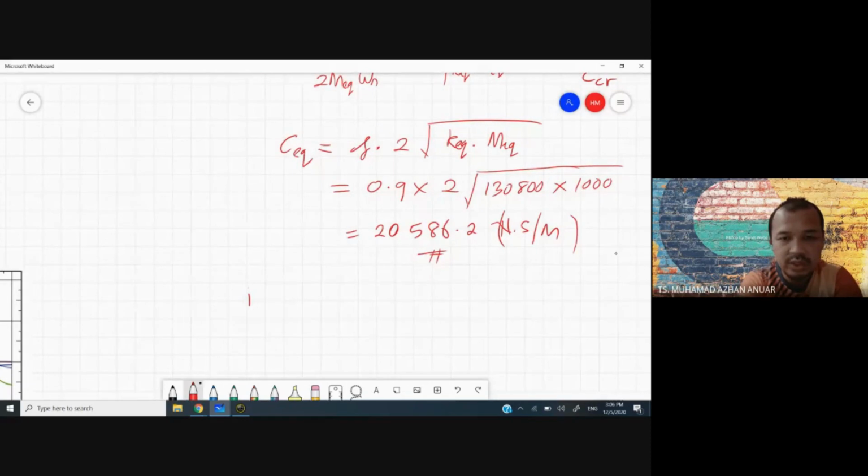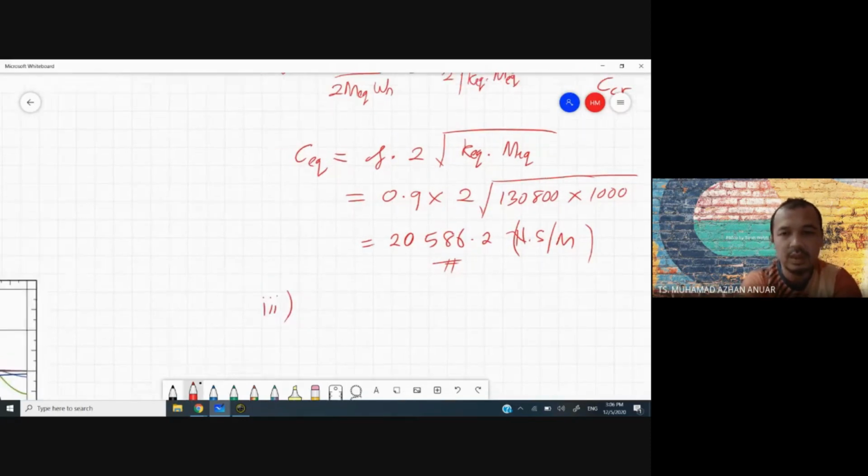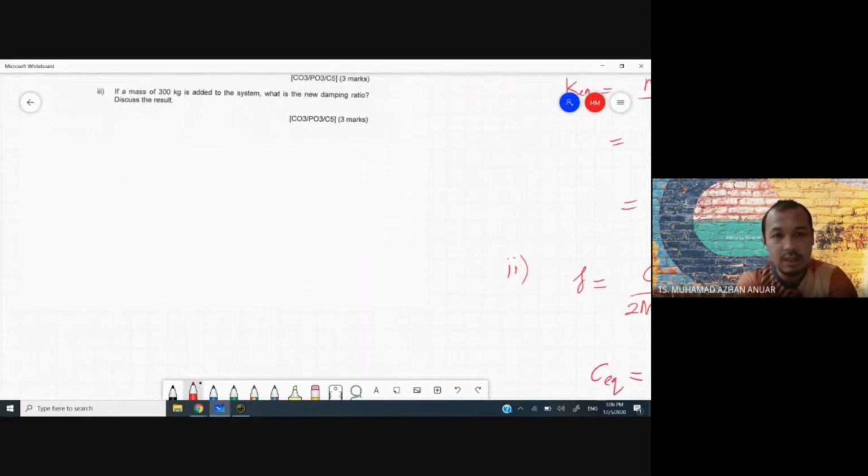Question 3. If a mass of 300 kg is added to the system, so on top of 1000 kg, you have another 300 kg mass added to the system. What is the new damping ratio?